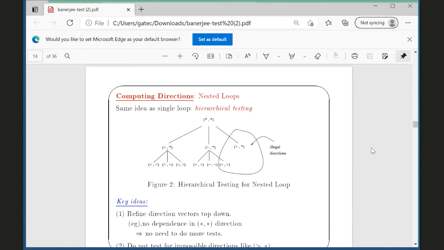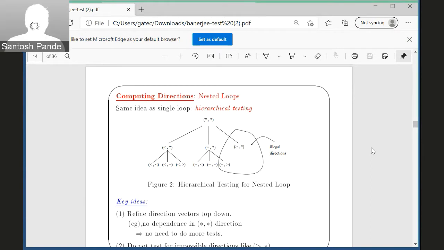So what we do here is we call this dependence detection using direction vector oriented testing. If you assume a two-dimensional case here, you can see these are the different possibilities that might exist for the dependence to be there. As you can see, equal to greater than is not a legal dependence.